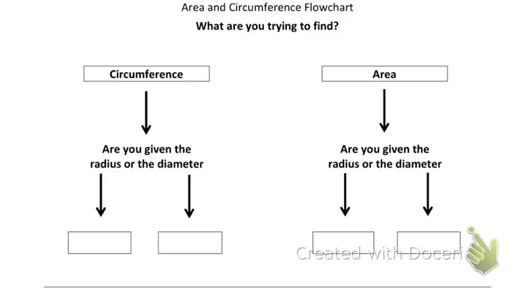All right, moving on. This is the same thing we have right above. I want to find circumference. This says, what am I given? I am given radius. So that means we're going to use the radius formula for circumference, which is just that 2 pi r. If I'm looking for the circumference and I'm given diameter, we're just going to use the equation pi times d.